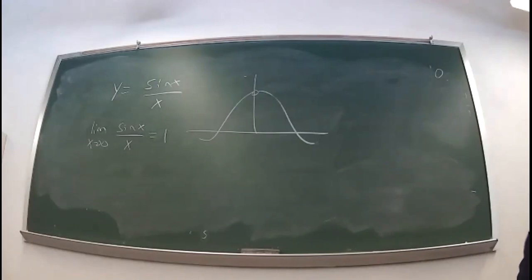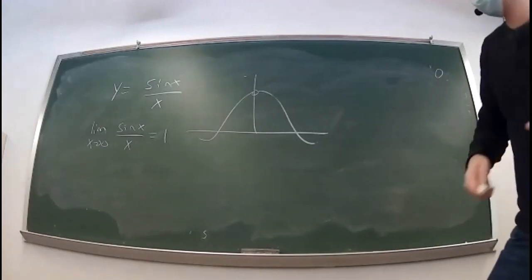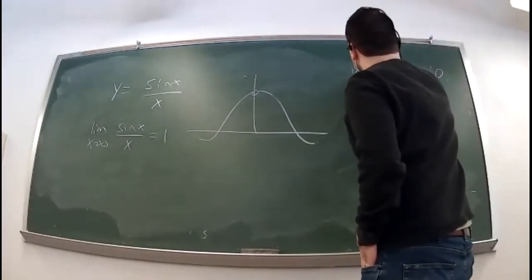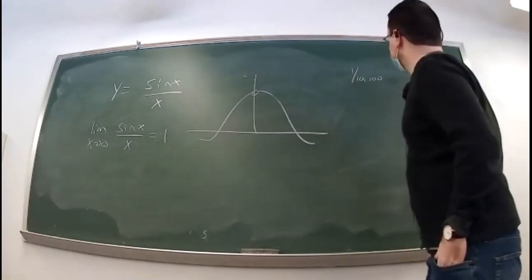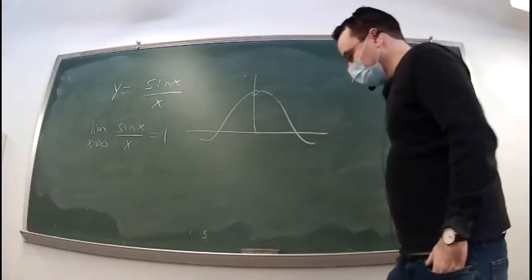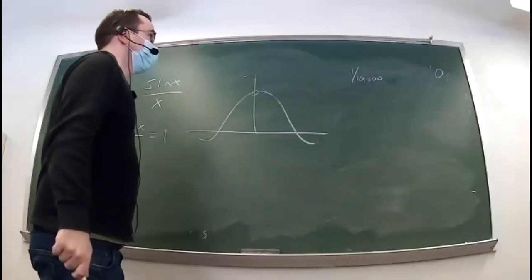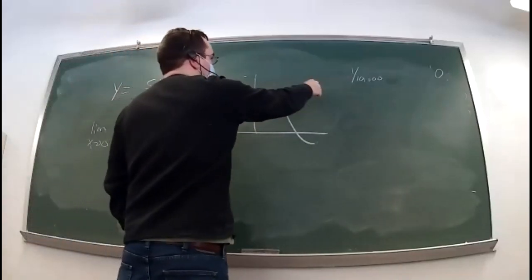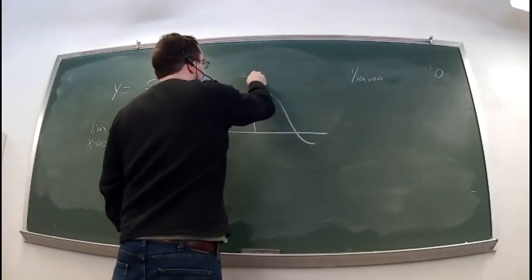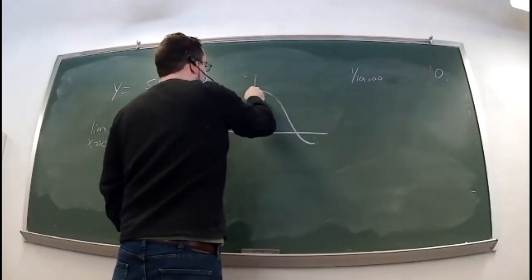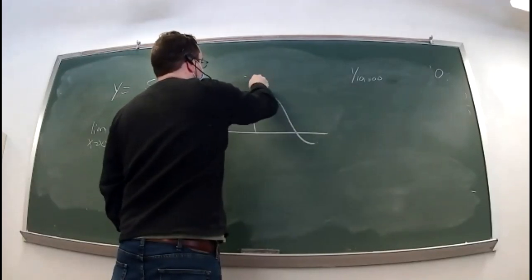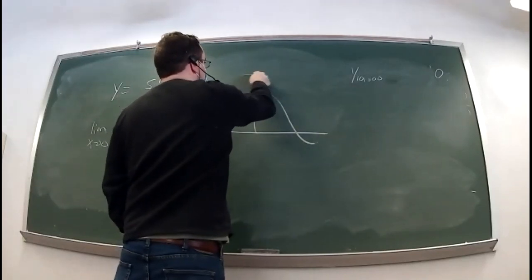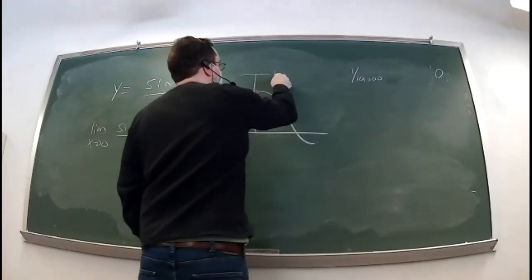And so the way you can think about it is you can say, okay, well, let's let you pick any number that you want. So you could pick like 1 over 10,000. And you can say, okay, if I look at all the y values that are within 1/10,000th of the number 1, so here's the number 1, and I'll draw 1/10,000th big so you can see it.